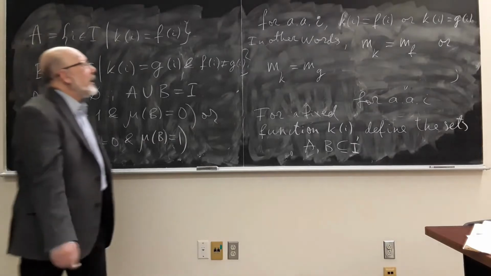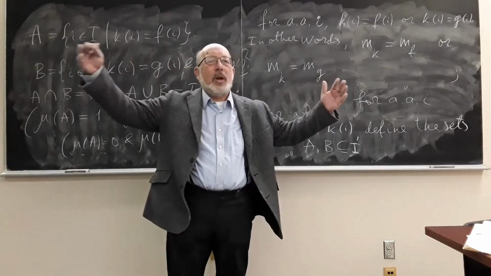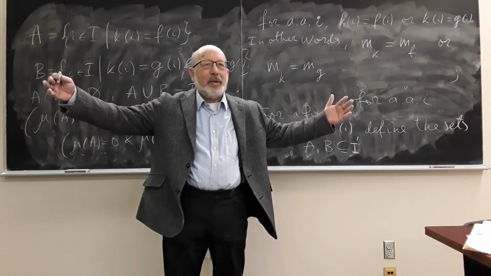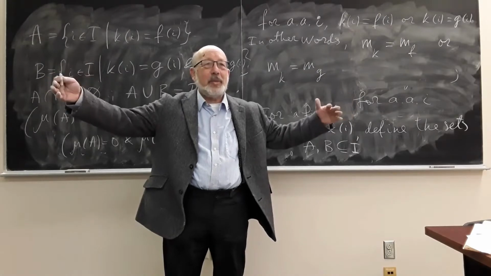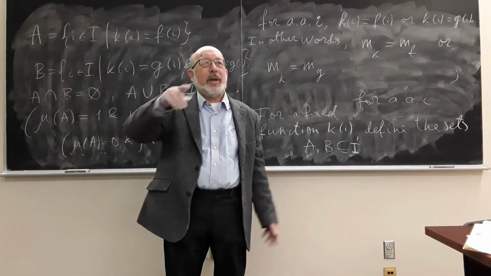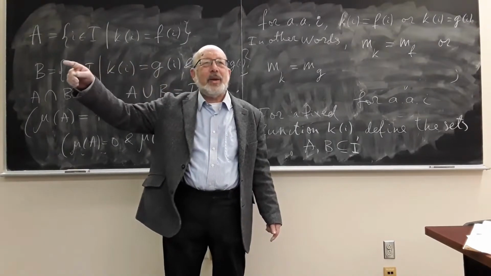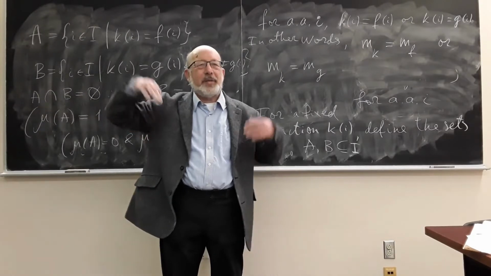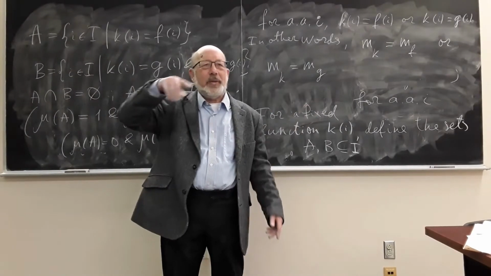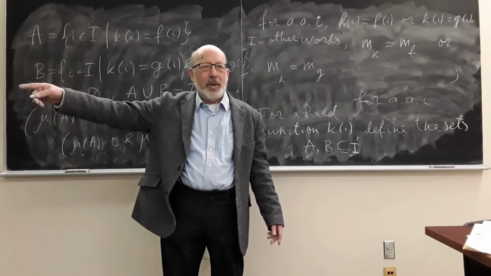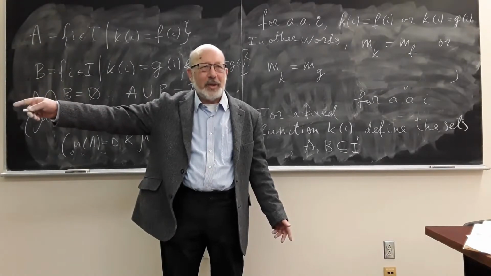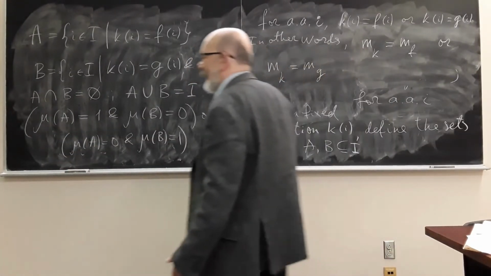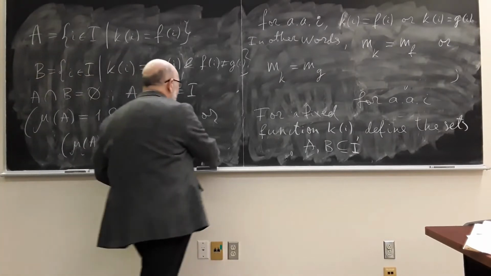So the set of all such equivalence classes for K consists of two elements, mF and mG. Simply because we can take K of I equal F of I for all I, which gives mF, or K of I equal G of I for all I, which gives mG, and nothing more. So this proves this great theorem.